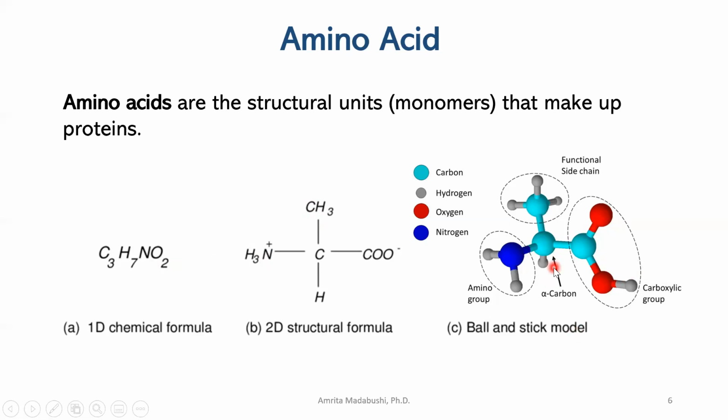This is what we call the alpha carbon. It's connected to the amino group and the carboxylic group. The ball and stick model is really important because it helps you visualize that these molecules are all very 3-dimensional. I know on paper we always study in 2D, so it's kind of hard to bring that picture alive, but it is a 3-dimensional space.